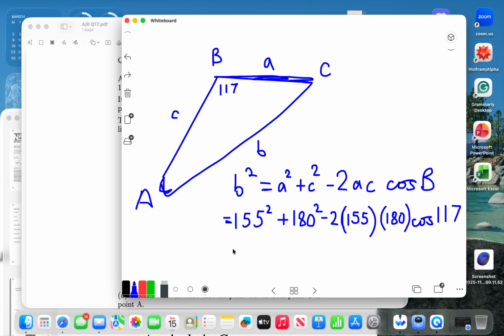Make sure you have degrees mode activated and not radians. You're not in higher yet, so you don't have to deal with radians.